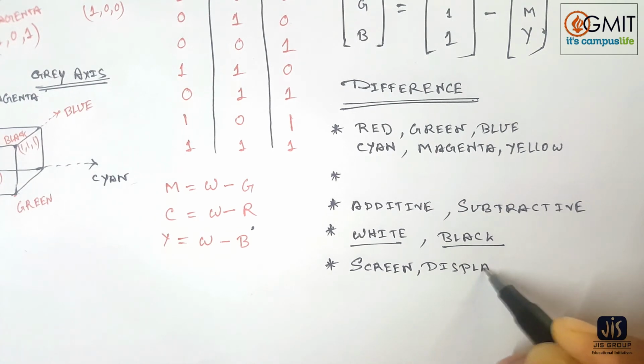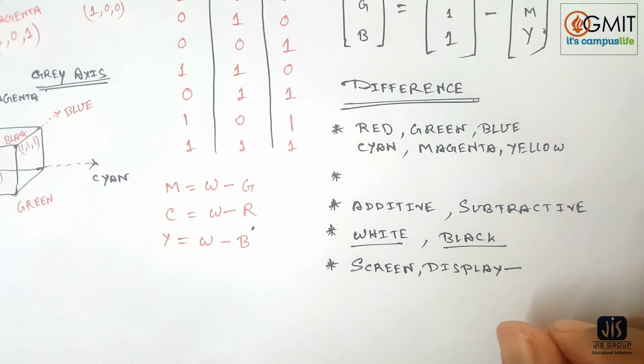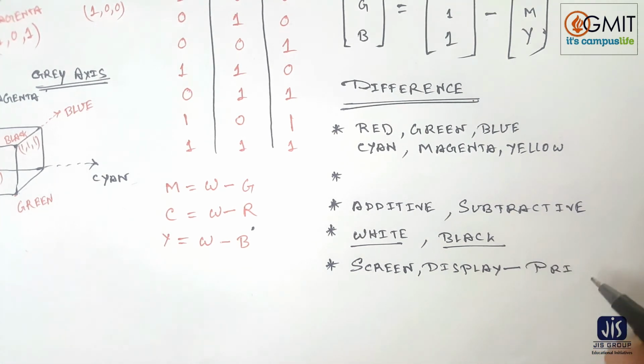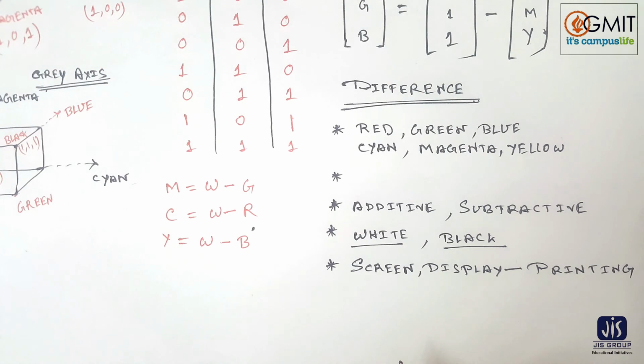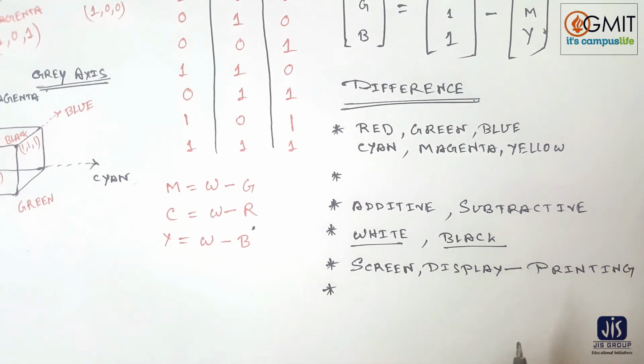But in case of CMYK, printing to paper or other media, that is printing purpose, is well handled with CMYK. And what is the next point? RGB color model is ideal for an electronic source, but CMYK is ideal for printing.